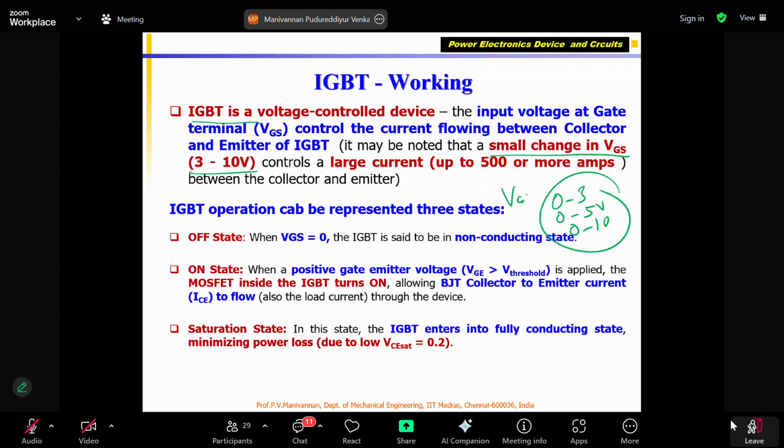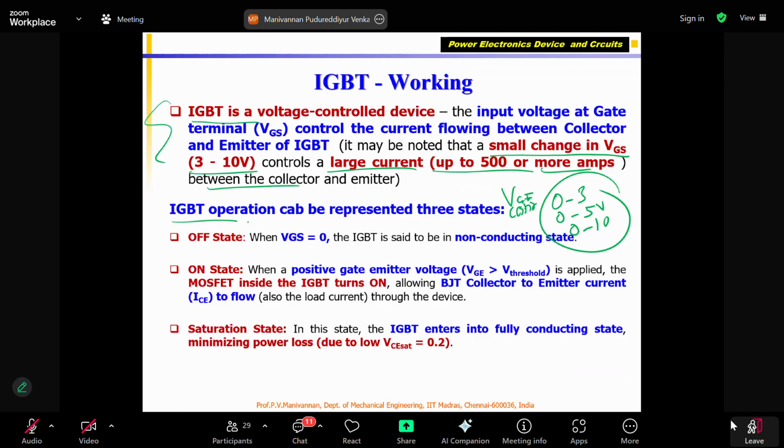This is my VGE, control voltage. If I vary a small voltage, 0 to 1 volt, immediately the collector current flowing from the collector to emitter through the load will start increasing, correct? From 0 to 100 amps, 0 to 500 amps, depending upon rating. So that's how it works.